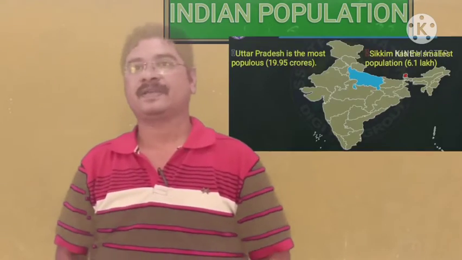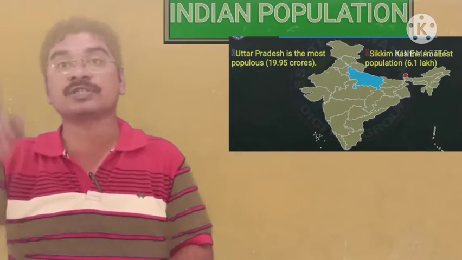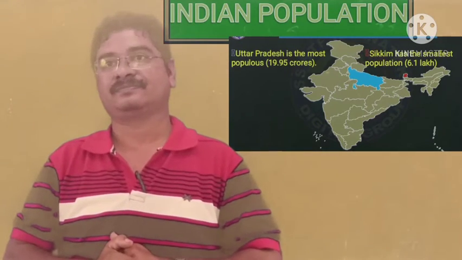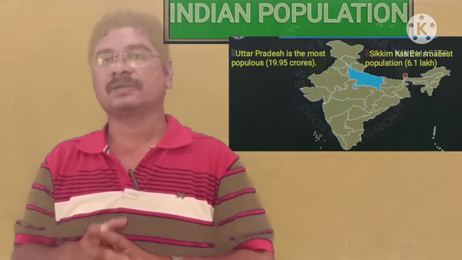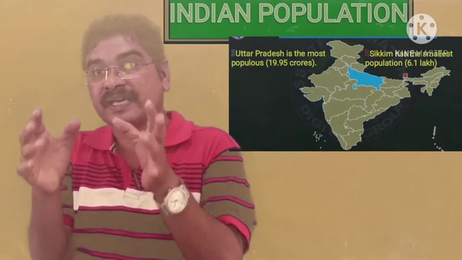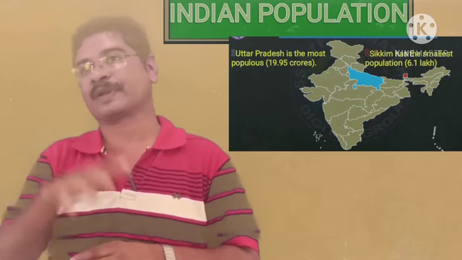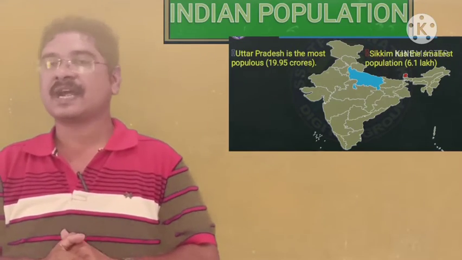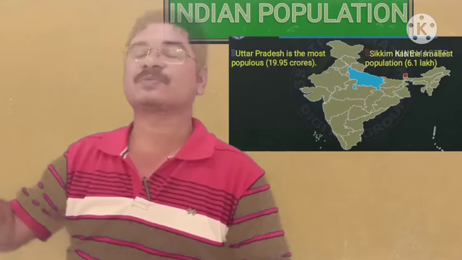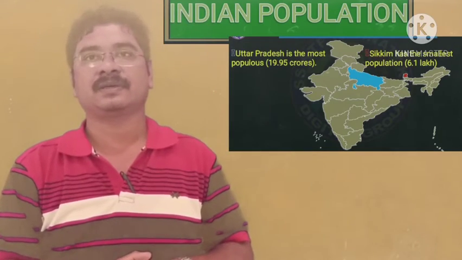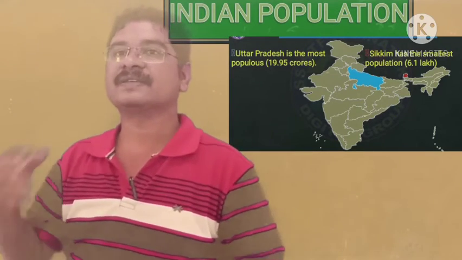Okay, what do we know about the distribution of population in India? Uttar Pradesh is the most populous, because there is 19.95 crores population in Uttar Pradesh, and the lowest and smallest population is found in Sikkim.